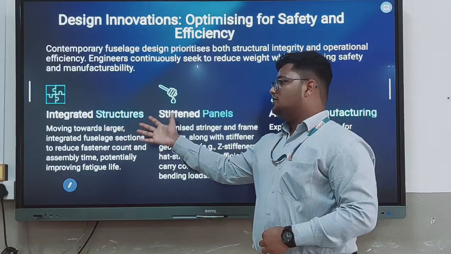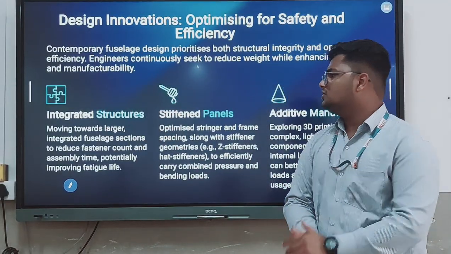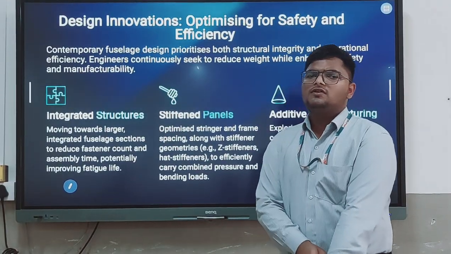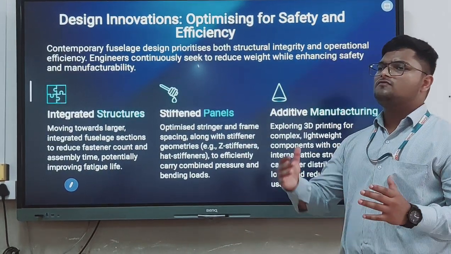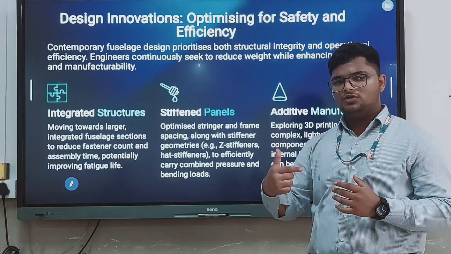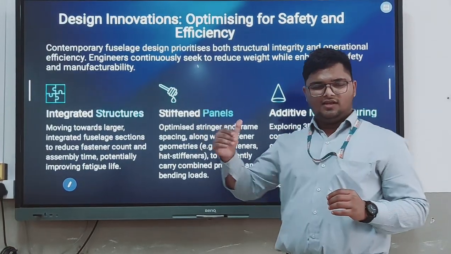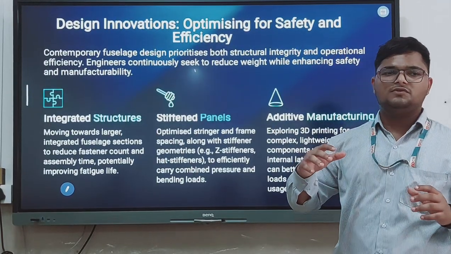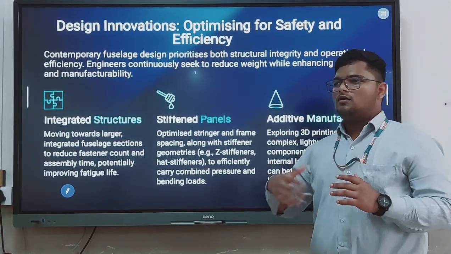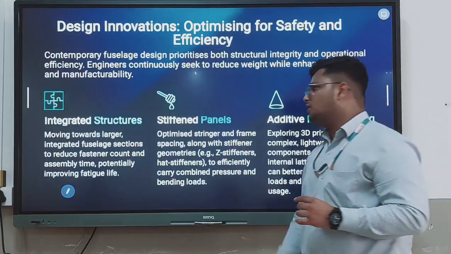And we have integrated structures, that is, fuselage sections. We can make larger sections of fuselage so that we can reduce the fasteners and the bolts, so the stress applies directly on the metal and not on the fasteners, which can ultimately increase the structural integrity.